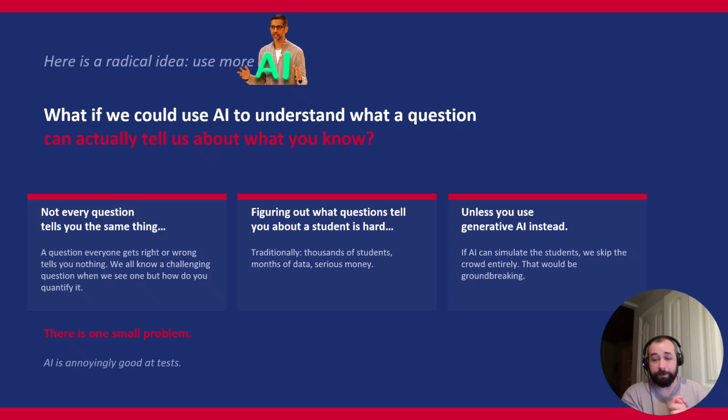You have big companies that will have thousands of students over months of time take different questions and different tests. It takes a lot of money and a lot of time and effort to get this done. So hopefully, again, we can use generative AI to either seriously reduce the number of students who have to take these questions to get the IRT scores, or potentially even figure it all out without a student ever taking it.